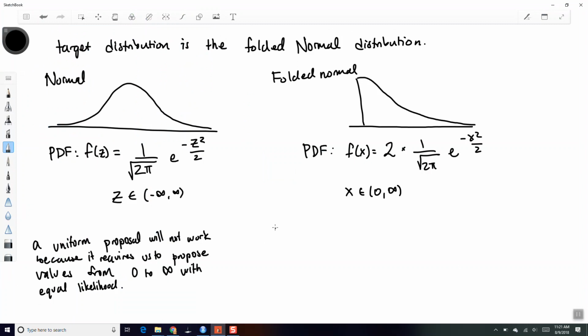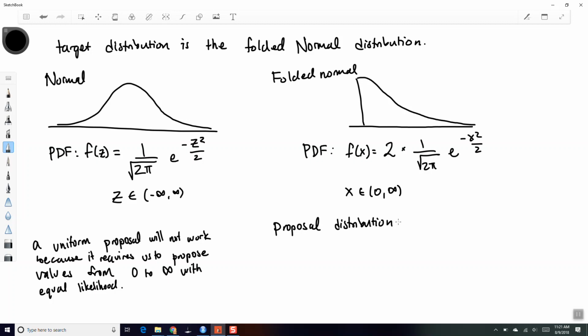So instead, for the proposal distribution, we just need a simple distribution that is easy for us to generate values from and shares the same domain, from 0 to infinity, okay? So are we able to propose values from another distribution? What distribution did we cover on Tuesday?